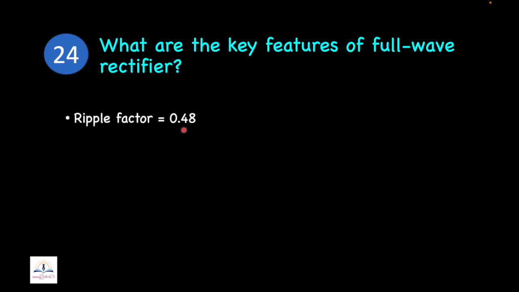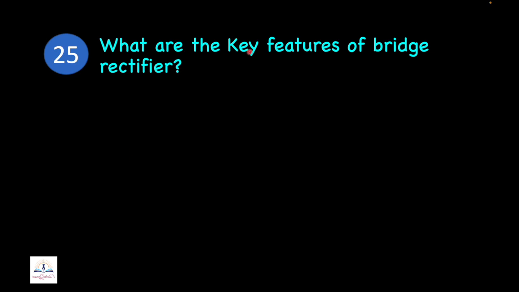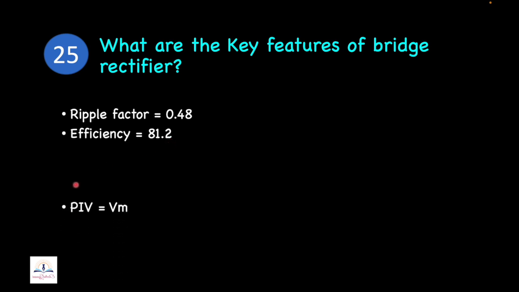So, ripple factor is 0.48, its efficiency is 81.2%, and peak inverse voltage is 2 Vm. What are the key features of bridge rectifier? So, here again the ripple factor is the same as we have seen in the full wave center tap rectifier, that is 0.48, efficiency is the same 81.2%, but peak inverse voltage is Vm.